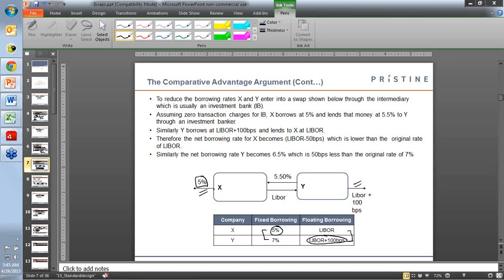After taking a loan at 5%, X will loan out the money to Y at 5.5%. It loans out at a higher rate because firstly it needs to earn some income. It would be beneficial for X to earn some income this way, because it essentially is gaining 0.5% out of this transaction, right?